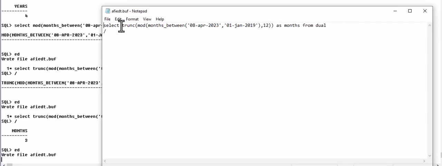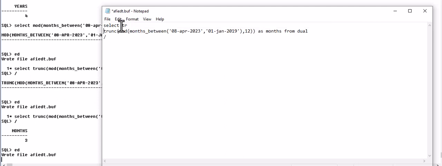Now we need to write years and months together. So here we will write the query. For example, we write the same query as we have written previously. So TRUNC of MONTHS_BETWEEN, we'll copy the two dates.